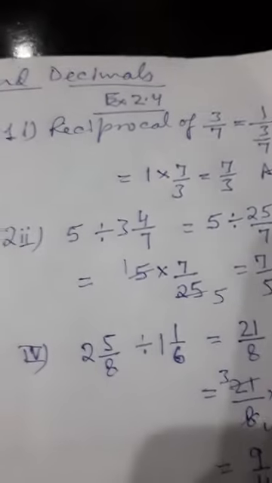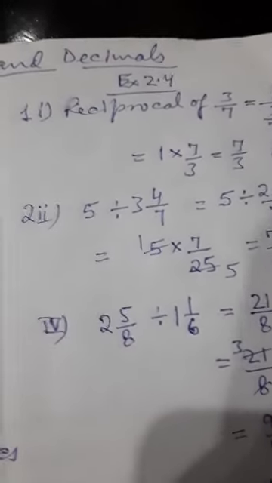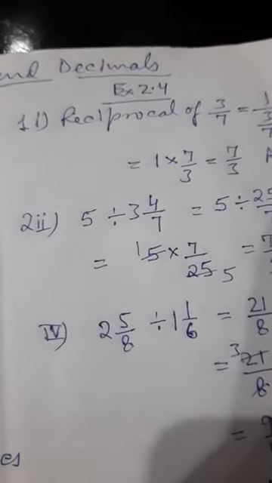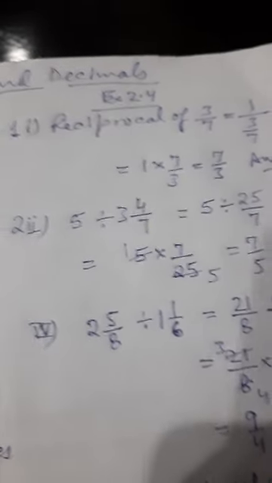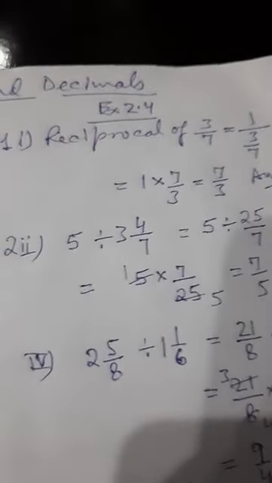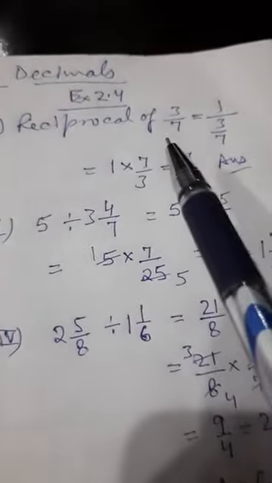Now open your book, exercise number 2.4. Question number 1, first part. We have to find the reciprocal of 3 upon 7.